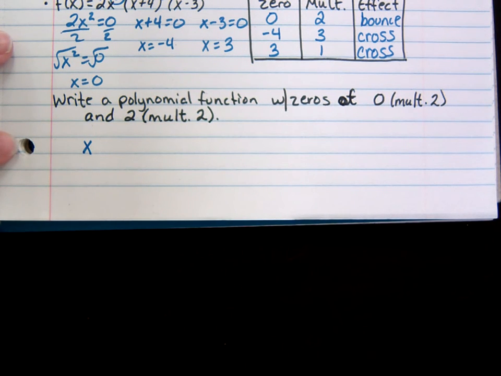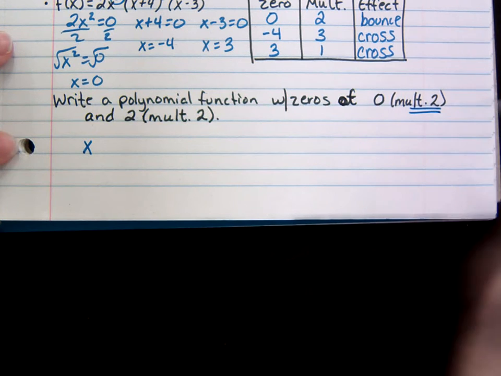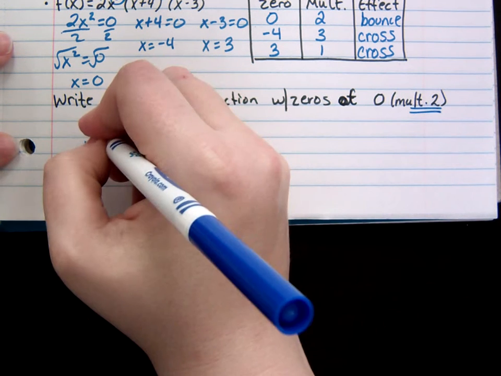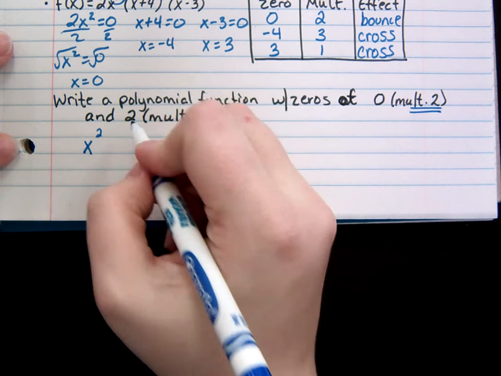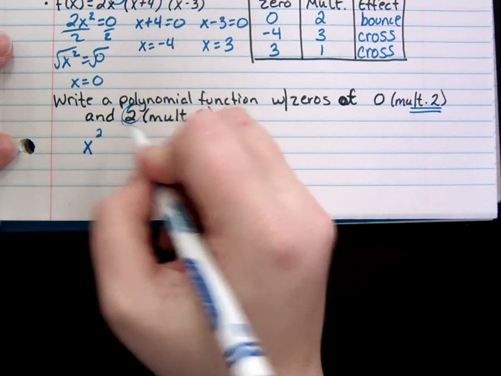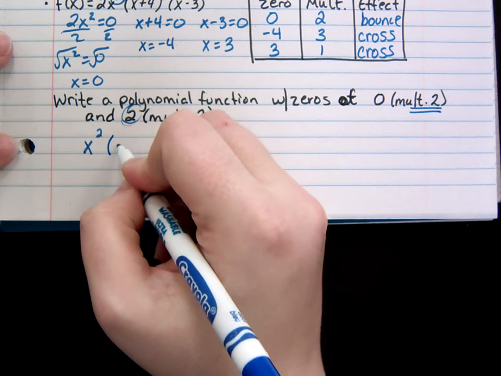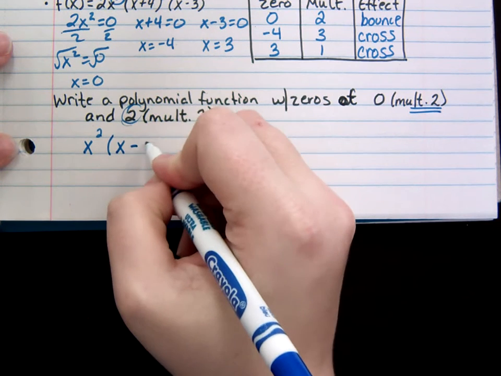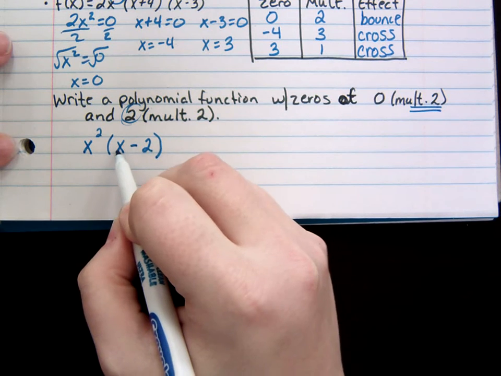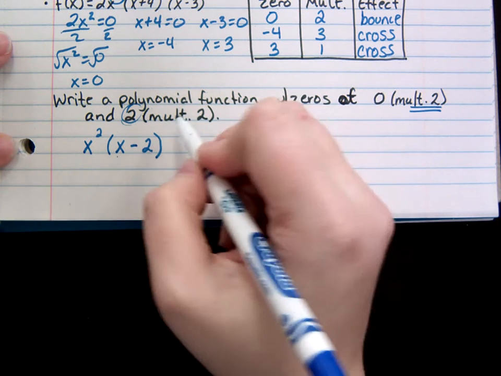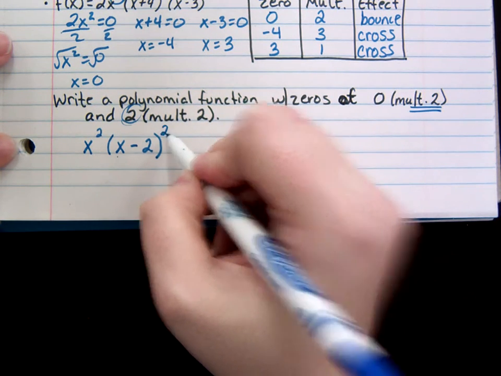So it's just going to be an x, but the multiplicity of it is 2, which means it's squared. Now, the zero of 2 here means I'm going to have x minus 2 as the factor, because if I plug in a 2 here, 2 minus 2 gives me 0. Now, a multiplicity of 2 means this is squared as well.